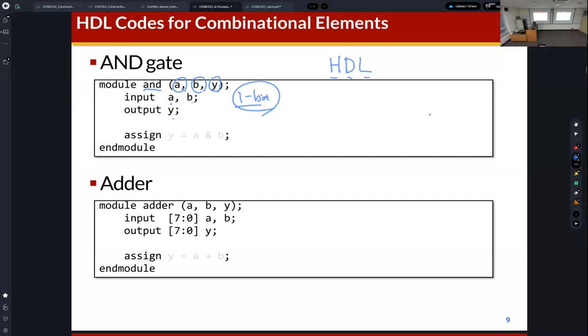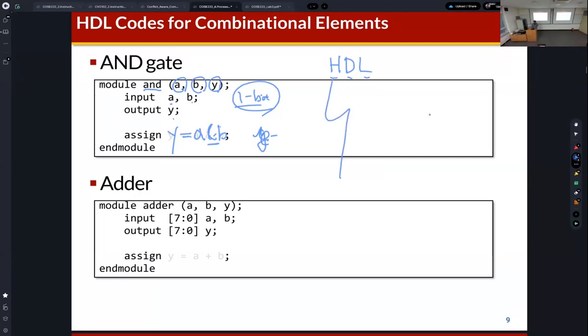Then we can easily implement the AND gate using Y equals A and B. This is the bitwise AND operator of SystemVerilog. That's it. This is the AND gate.